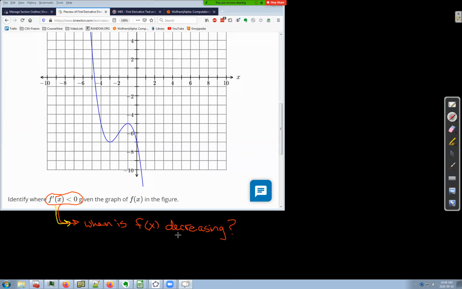Because the original function is going to be decreasing exactly when the derivative is negative. So all I have to do is look at this picture and look for where the function is decreasing and where the function is increasing.